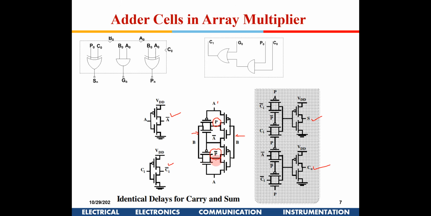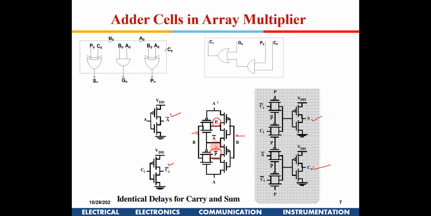So what I need to do here is just change the signals given to the transmission gate. Here A is being given to the NMOS. Here A bar was being given to the NMOS, and A was given to the PMOS. Here A bar is being given to the PMOS. So by this structure, I am generating P and P bar.